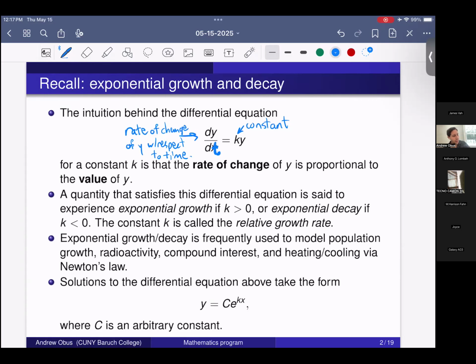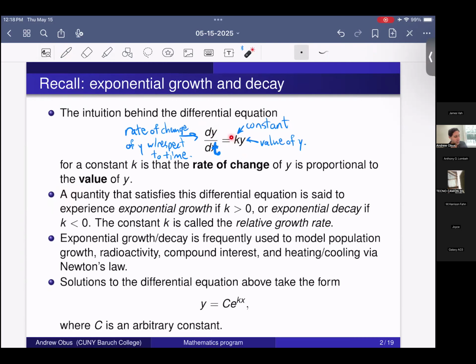And what we're saying is that the rate of change, the rate of growth of y, is proportional to the value of y. So it's equal to a constant times the value of y. So this here is the value of y. And so a quantity that satisfies this differential equation, we call it either exponential growth or exponential decay.